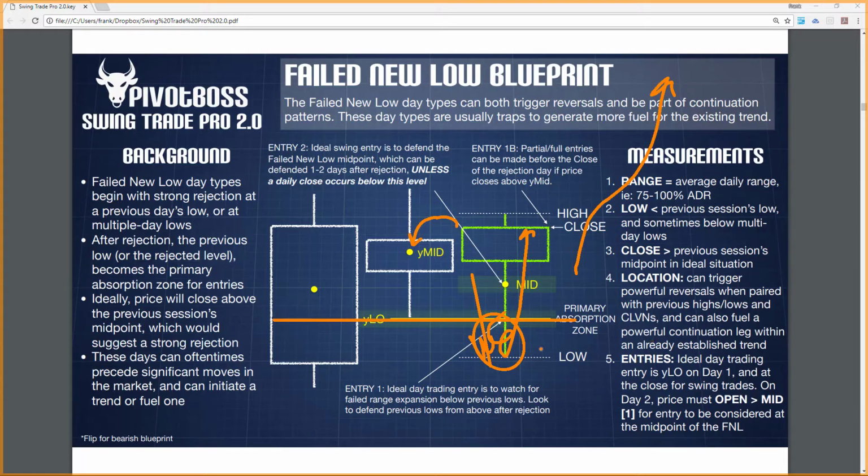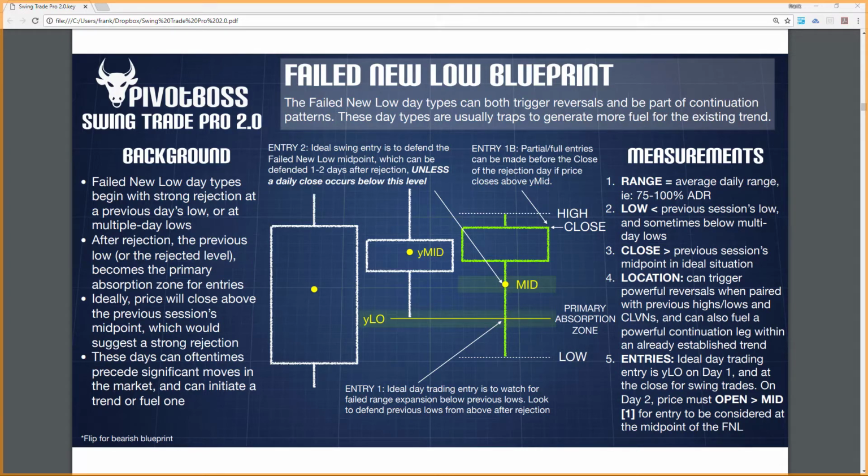Or this can be part of a continuation pattern where there was a major rejection day here, price goes up, and then there's a failed new low here that continues the pattern onward. So this pattern can be played by itself, or within the construct of a larger trade sequence. So let's talk a little bit more about the background.